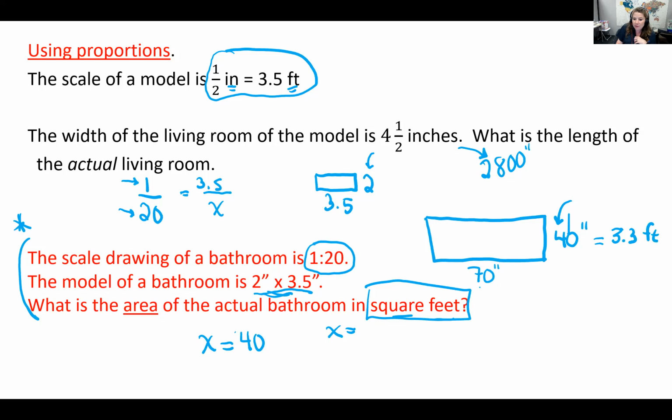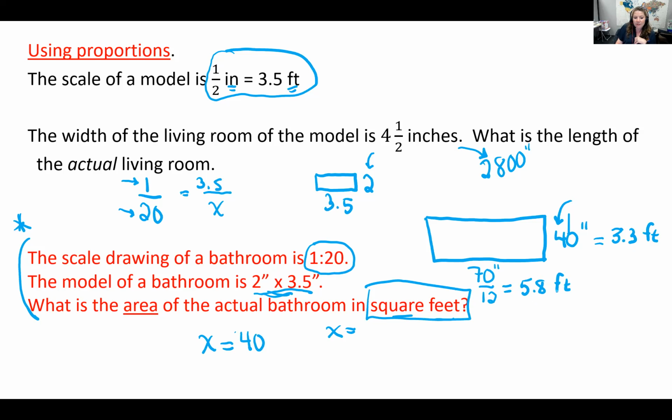And then 70, we're going to divide by 12 because there are 12 inches in 1 foot. So 70 divided by 12 is 5.83. So I'm going to round this to 5.8 feet. Okay. So we have a 3.3 foot room by 5.8 foot room.